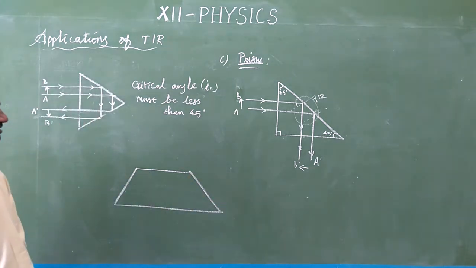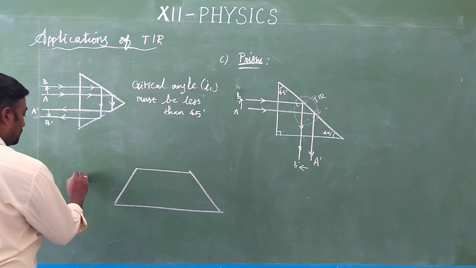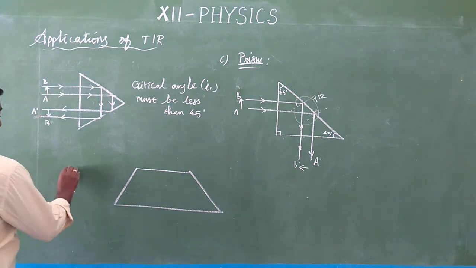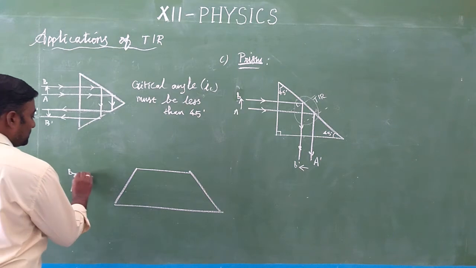So this is another trapezium shaped prism. So AB is the object. From the object, two rays are incident parallelly.